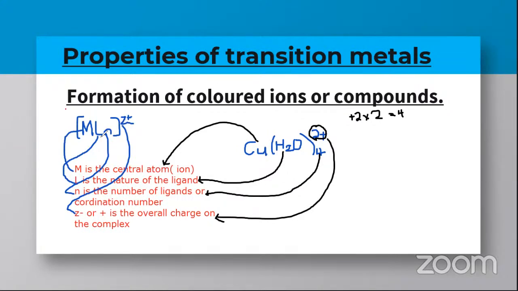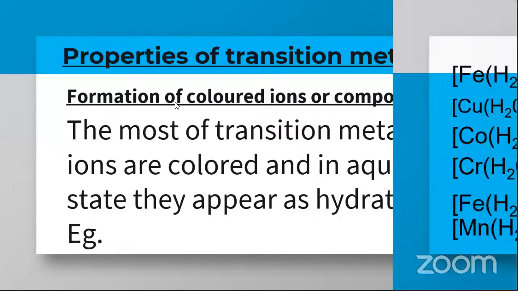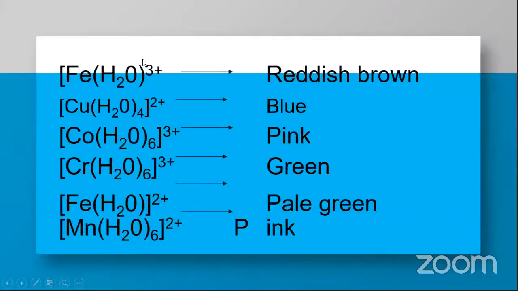So from there, let's look at some examples. We are saying that most of the transition metal ions are colored, and in aqueous state they appear as hydrated. Examples we have here: iron 3.